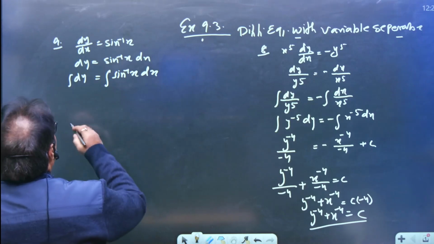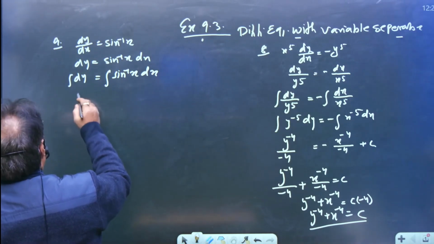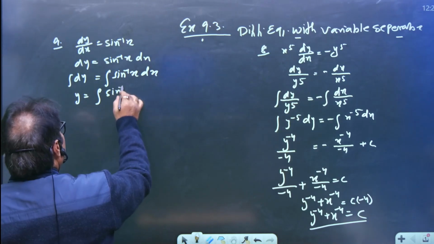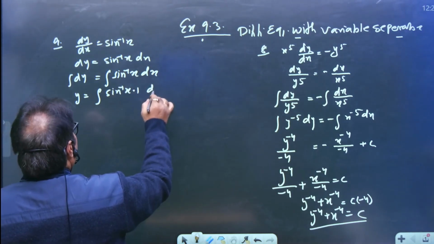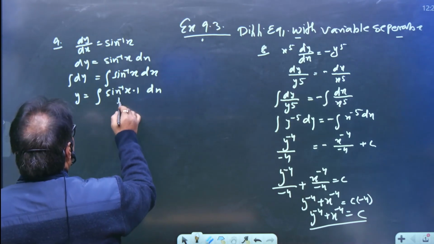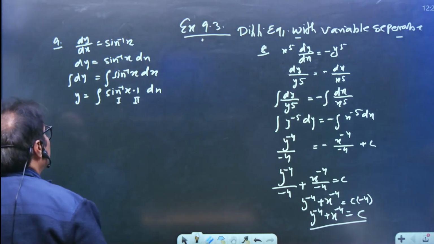So integration of dy is equals to y, and this can be written as sine inverse x into 1 dx, and apply the integration ILATE rule. So this will be the first function and second function.